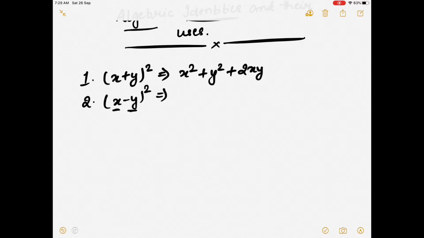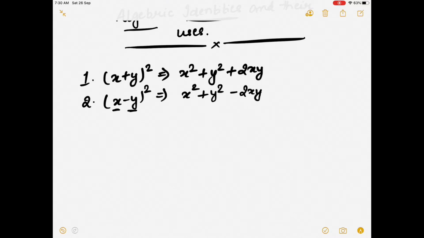But we have to learn what type of questions we have to use these identities in, in order to solve that question. So what's that identity? x square plus y square minus 2xy.